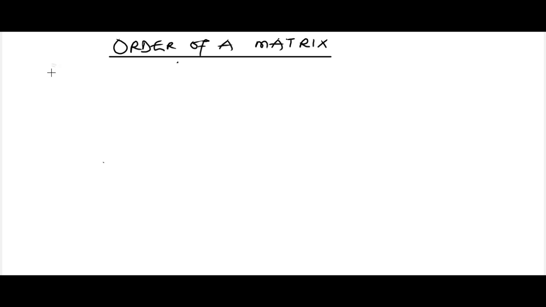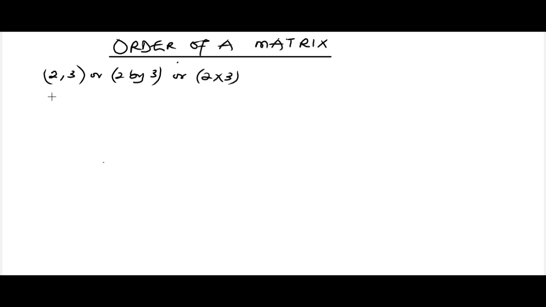For instance, if I write (2, 3) or 2 by 3 or 2 times 3, these are the different ways by which the order or the dimension of a matrix can be represented.